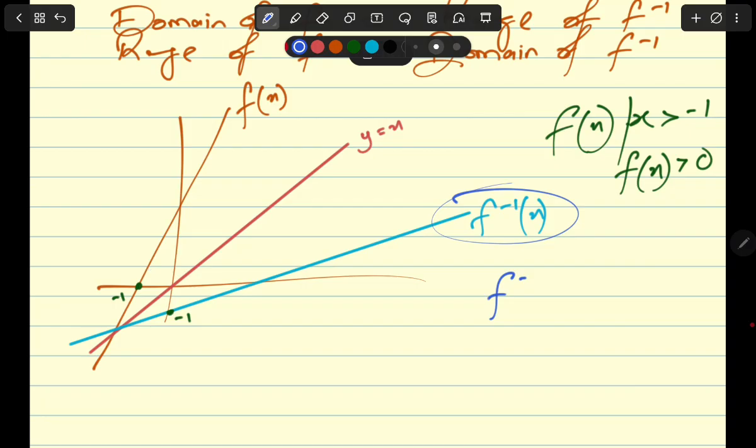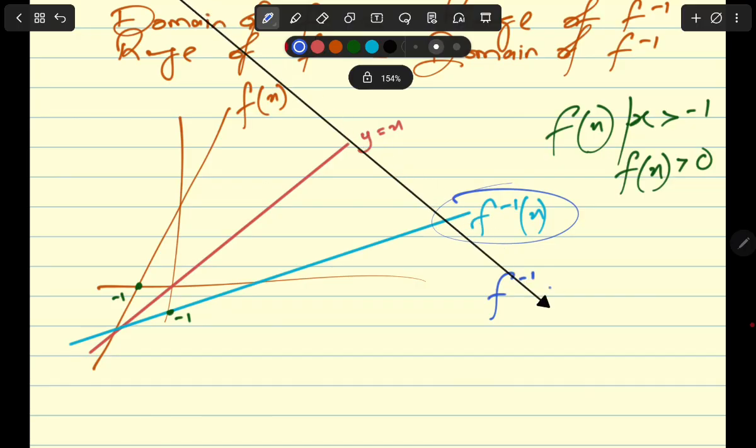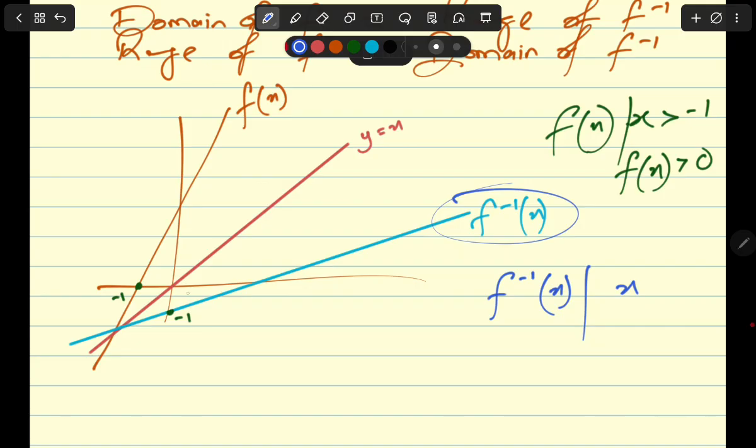If we just take this part of it, because that's the domain, then this is getting reflected here, right? So as you can see, f inverse of x will have a domain because we are considering this part of it.